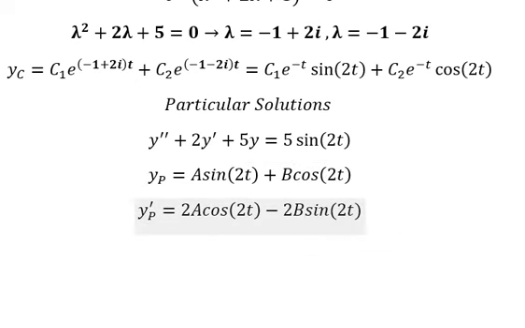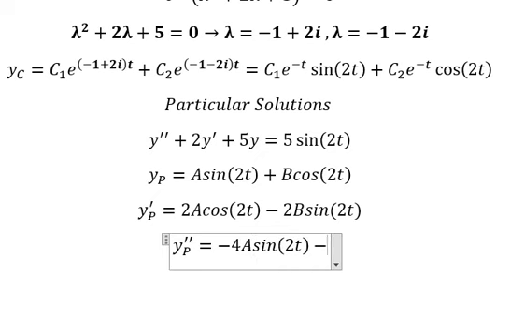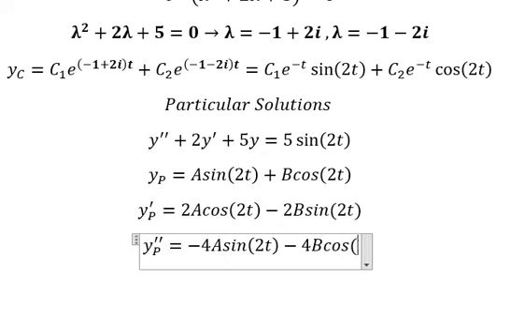And now we do the second derivative of this one. And we have negative 4a sine 2t, negative 4b cosine 2t.